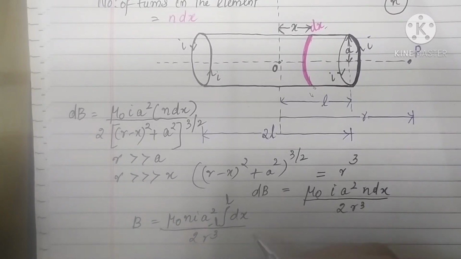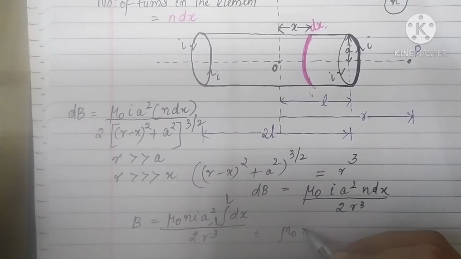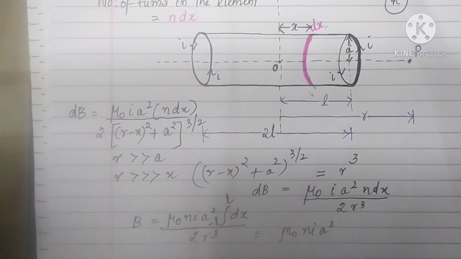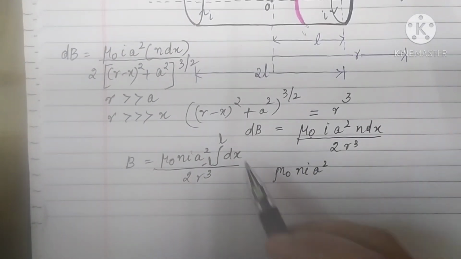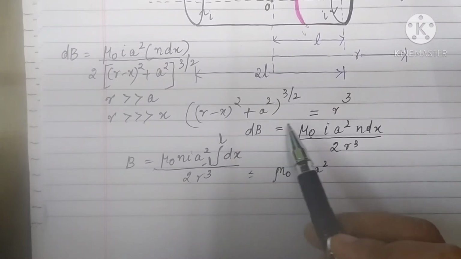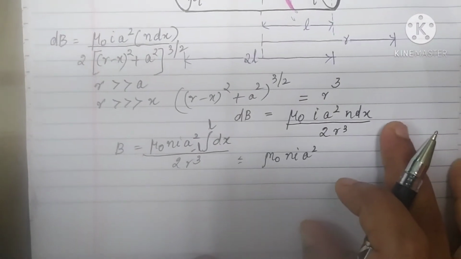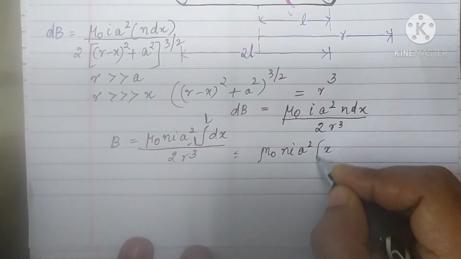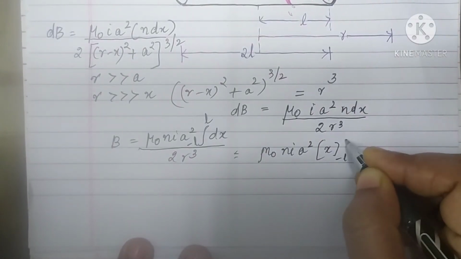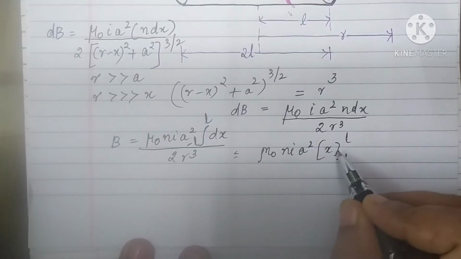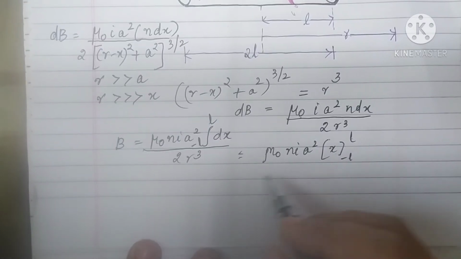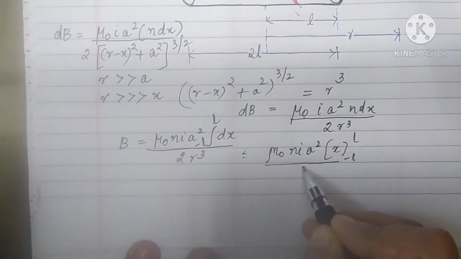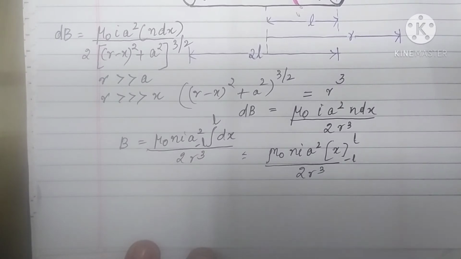Now after integration, you will get the expression as mu naught n I a squared integral dx, and substituting the limit, x into limit minus L to L, you will get L minus minus L, divided by 2 r cube.